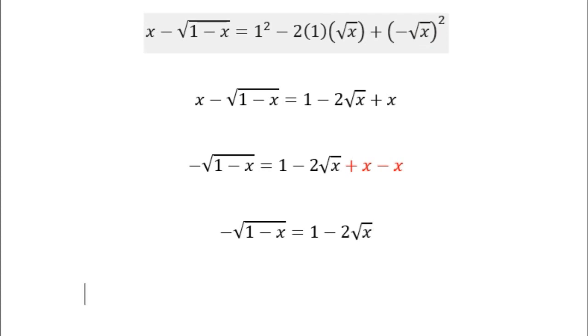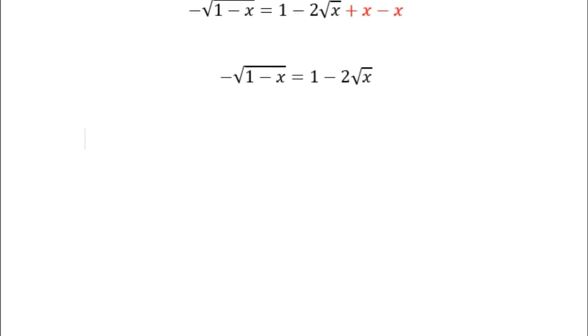Okay, so next, notice we still have two square roots we need to get rid of. In this case, we will need to square both sides of the equation again. That way we will get rid of this square root we have here. So let's do that.